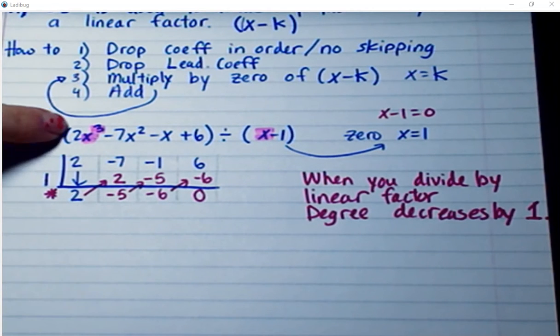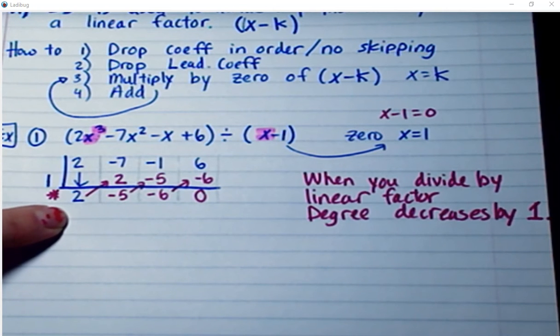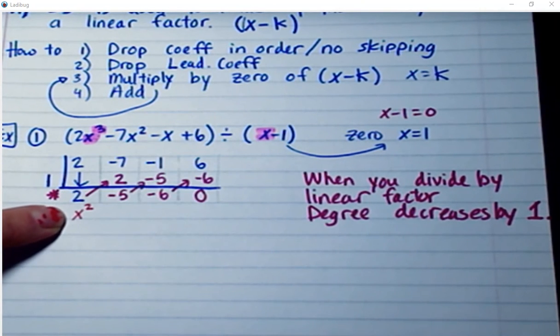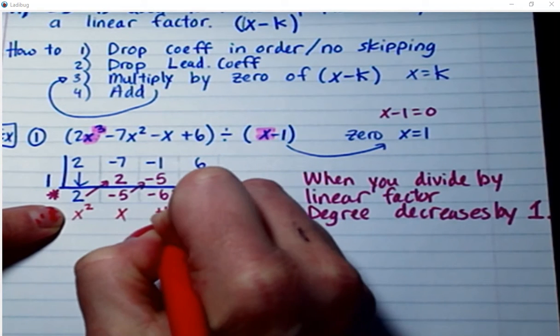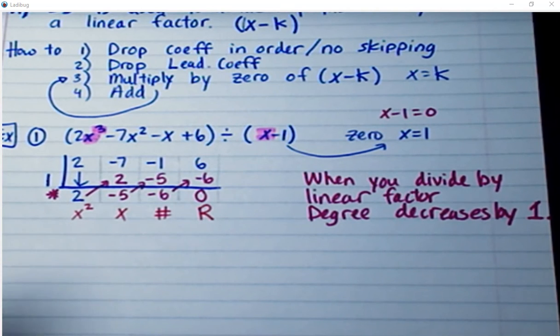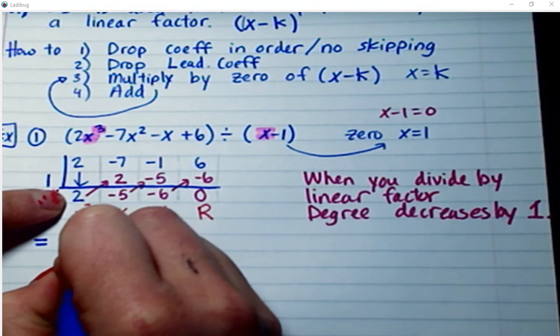So how do I actually use that knowledge? Well, if we started at cubed, you have to decrease to x squared. And then you just count down from there. X squared, x, number, remainder. And then I turn it into an answer. Equals 2x.